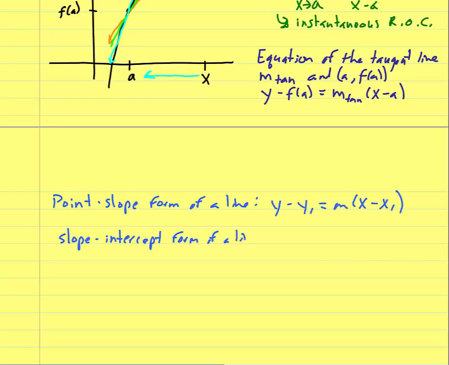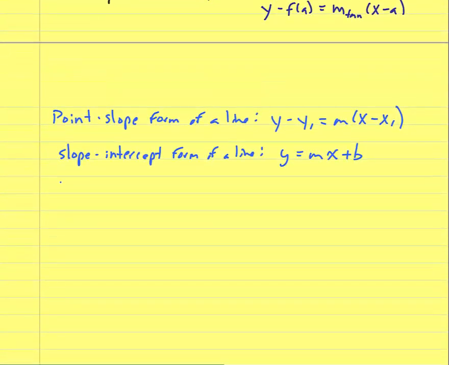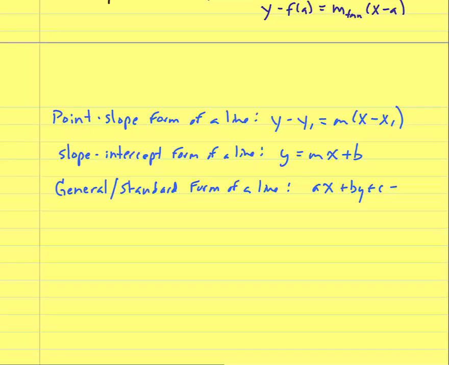And this one will be familiar to you. It's y equals mx plus b. There's another form that sometimes comes up. It's not as common, but it's called the general or the standard form of the equation. And it looks like ax plus by plus c equals 0.